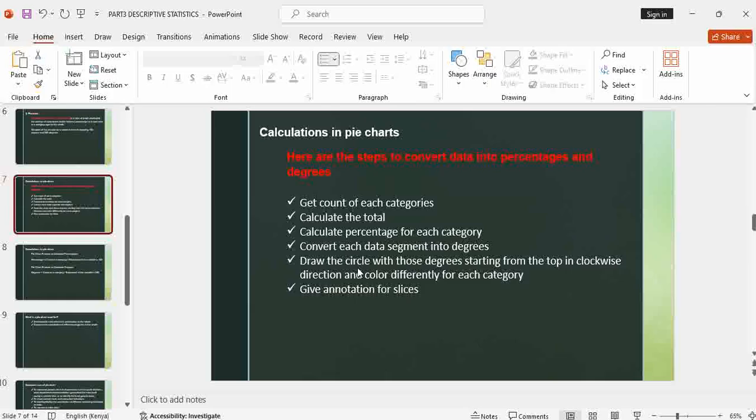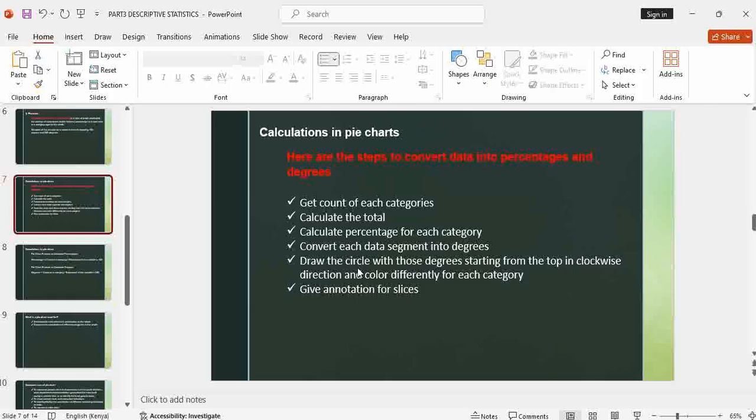After having the percentage and the degrees, the next step is to draw your circle and start creating your pie chart. When you start drawing the pie chart, you start from right up there.